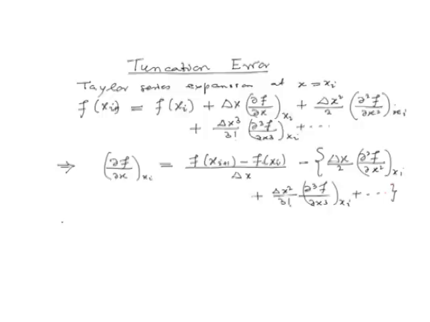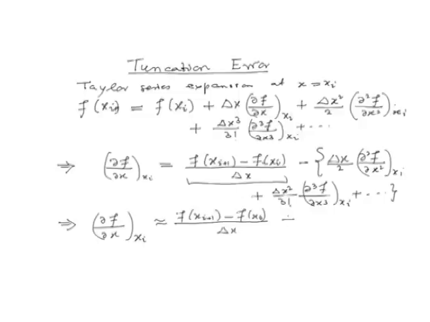If we want to use this forward difference approximation, we would retain only the first term on the right hand side, and the remaining terms in the bracket are what we call our truncation error. So, truncation error basically gives us the higher order terms which we have omitted in obtaining our finite difference approximation of the derivative.